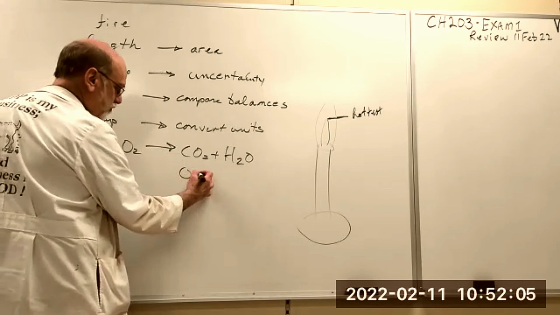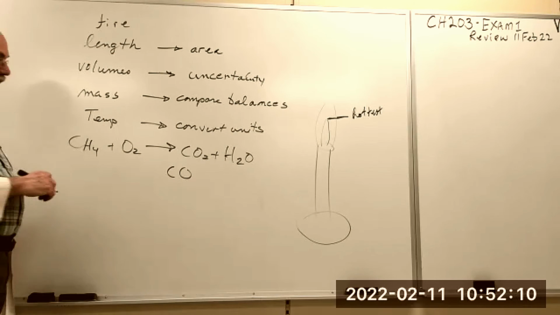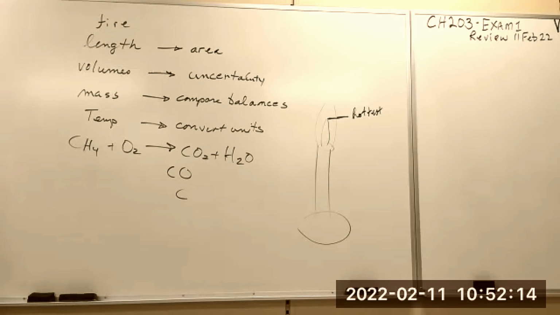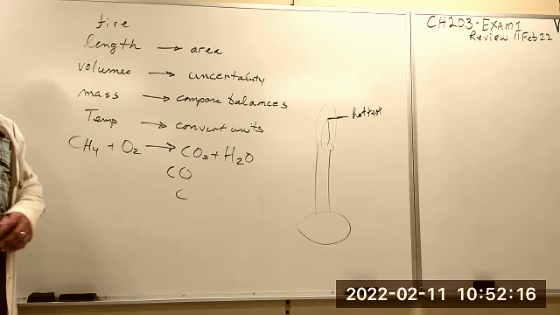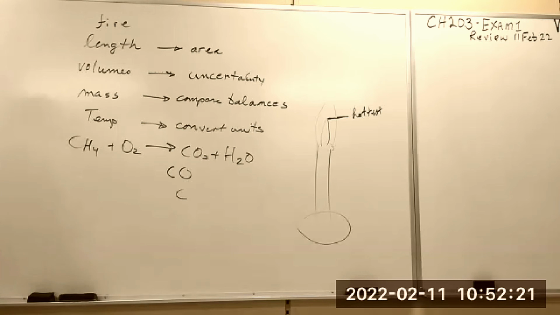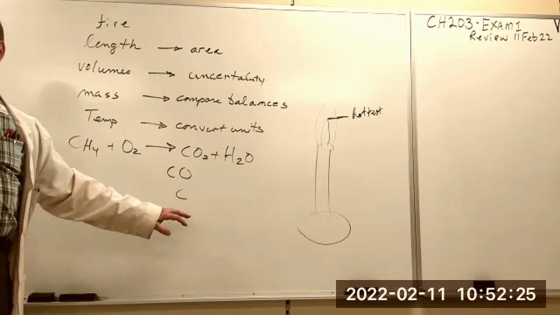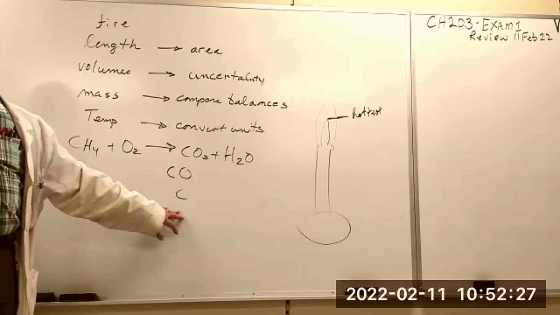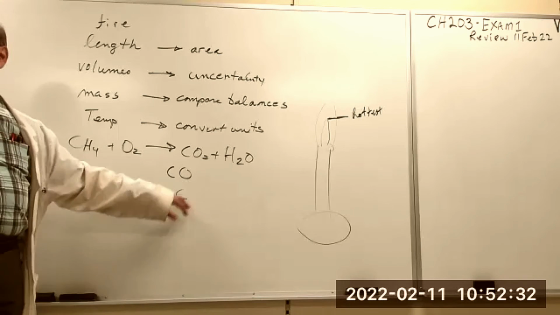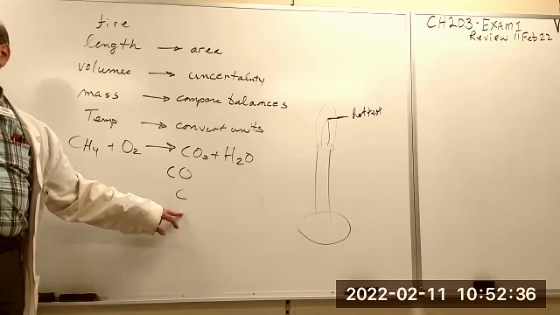It might go only partial, carbon monoxide. Or maybe even less, it might go to graphite. And that's what we call soot. That's what you find in your chimneys, along with some other stuff. And that's why it's dangerous to have a buildup of soot in your chimneys, because it's not completely combusted, right? If you have enough oxygen in there and you have an ignition source, your chimney can catch on fire.